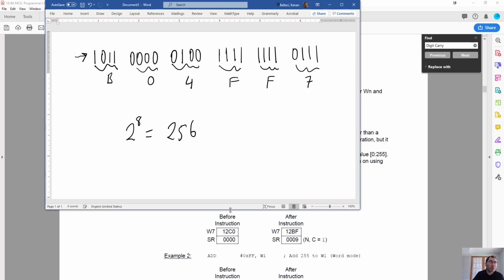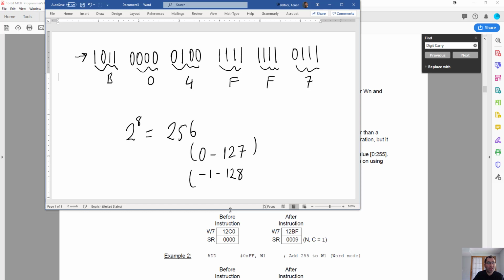If this is a signed 8-bit number, or a byte, then half of it is positive, from 0 to 127, and the rest is negative, from -1 to -128.